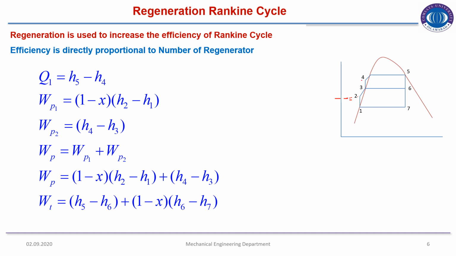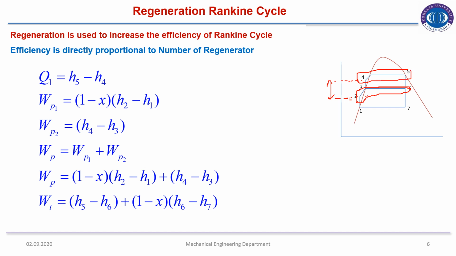Now when we have installed the feed water heater or regenerator, look, this is a temperature difference. So this temperature difference is already created with the help of the feed water heater, therefore a less amount of work. So you can see this is the amount of work that was initially done by the boiler, that is the enthalpy value. Now look, this enthalpy value is reduced.